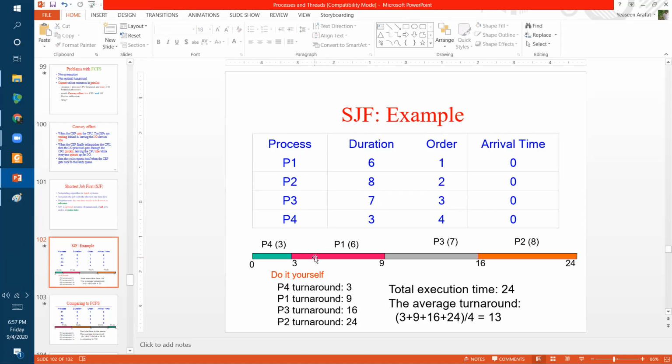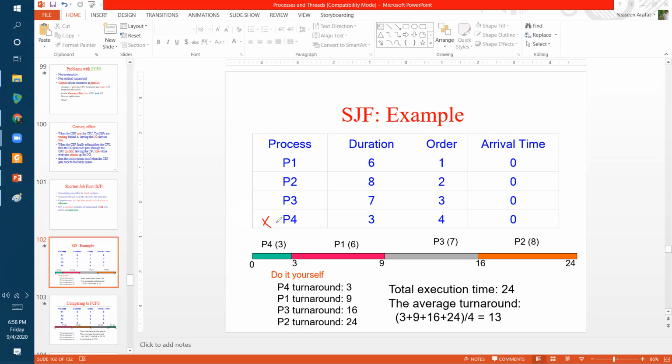Then, when P4 has done its job, it is out of the ready queue. So P1, P2, P3 are the processes in the ready queue. Which one will run next?